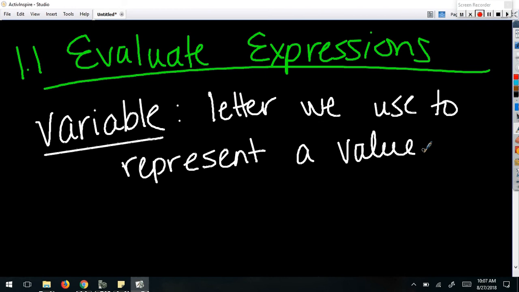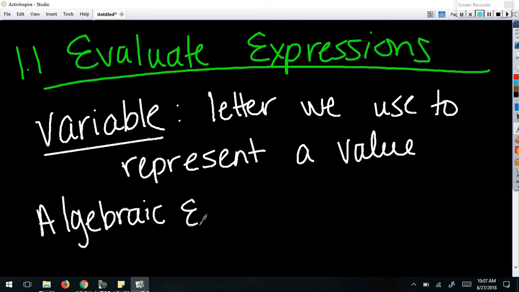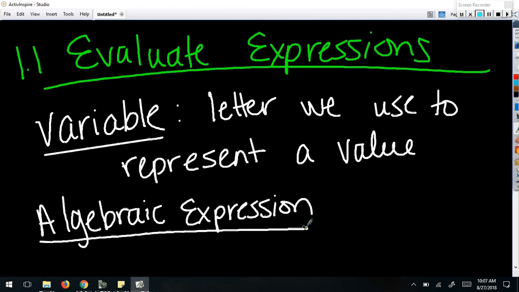So when we put numbers and variables together, they make up what we call an algebraic expression. That's when we have these variables and maybe they have some numbers hooked with them.